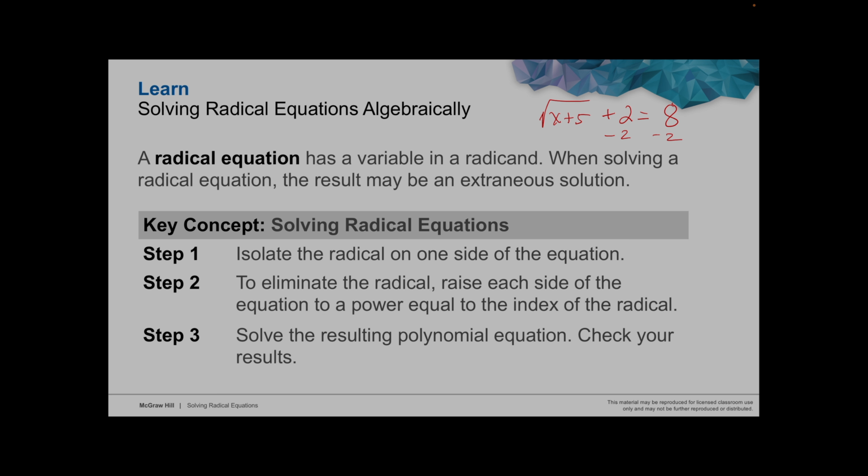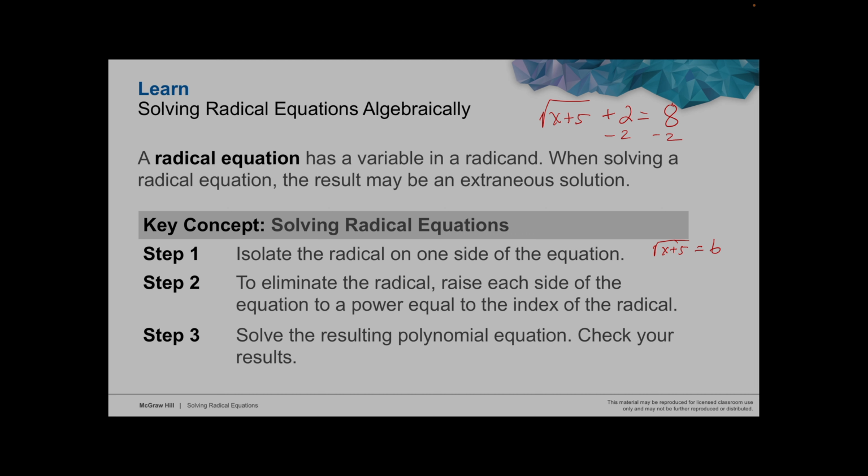So we've isolated it. The next thing we need to do is eliminate the radical. Raise each side of the equation to a power equal to the index of the radical. So the index of our radical in this case isn't shown, so it's just 2. So you get rid of the square root by squaring something. That's what that says, just like in the warm-ups.